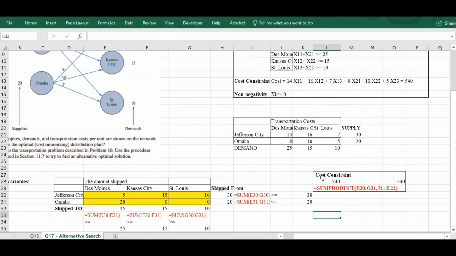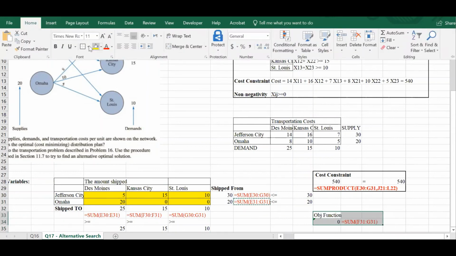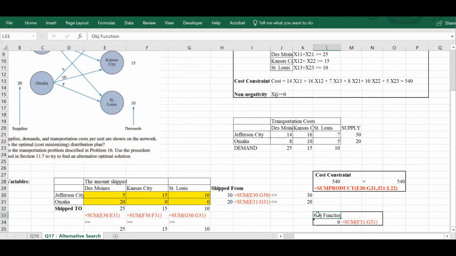Now the new objective function that I want to maximize would be the sum of these two, x22 plus x23. It's the alternative search objective function, the objective function for the model used for finding the alternative optimal solution.